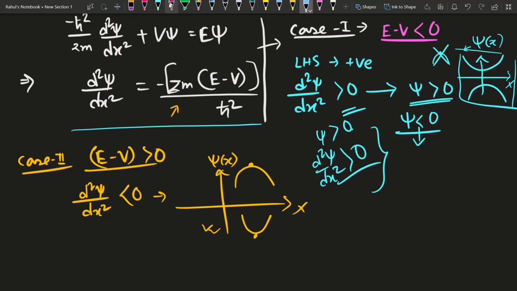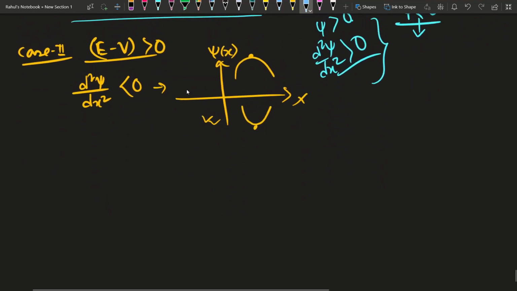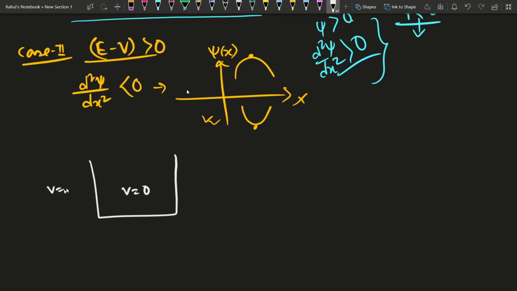Let us go back to the example of the square well. We know that in the square well V is equal to 0 inside and V is equal to infinity outside. So V is equal to 0 here, that means E minus V is always greater than 0, so this case happens.